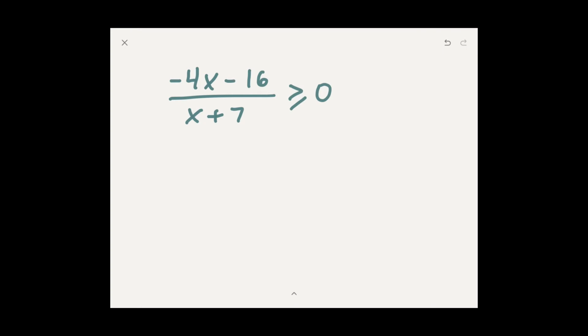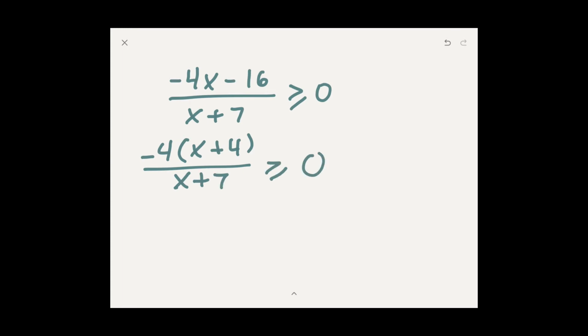Okay, so I have this inequality. Notice that I can pull a negative 4 out of the numerator. This expression will be easier to work with if I don't have that negative 4 in there. If I multiply both sides by negative 1/4, notice that the negative 4's are going to cancel on the left-hand side.